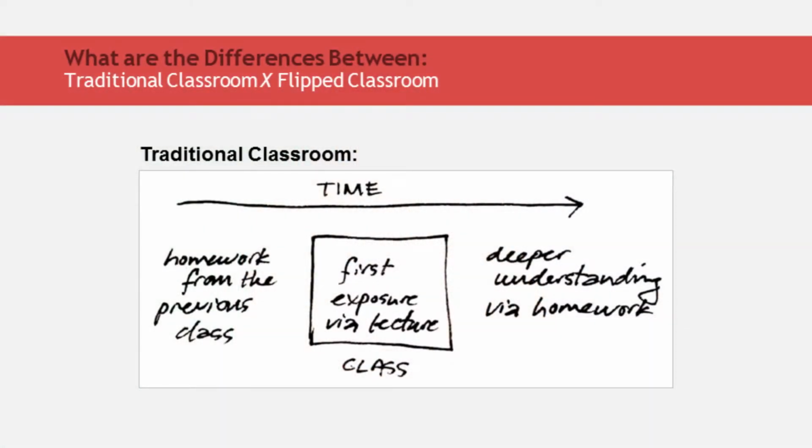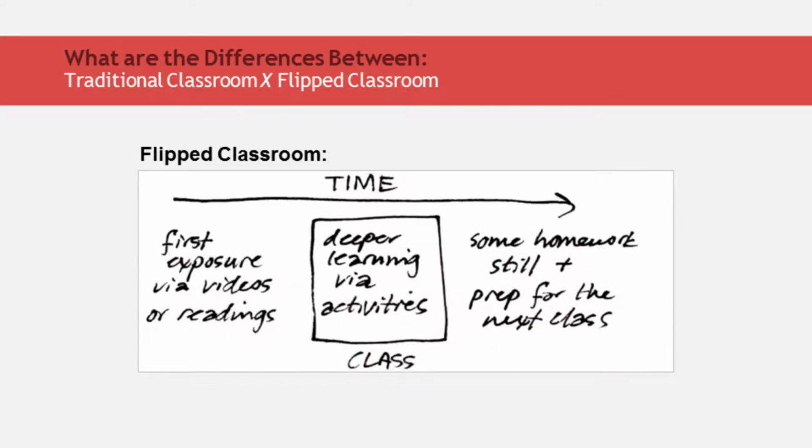In traditional classrooms, the length of time is usually used for correcting homework from the previous class, followed by a first exposure to the content via lecture, and homework is assigned so that, through practice, students can get a deeper understanding of the content. Teachers play the central role, a more active one, while students are passively expected to learn.